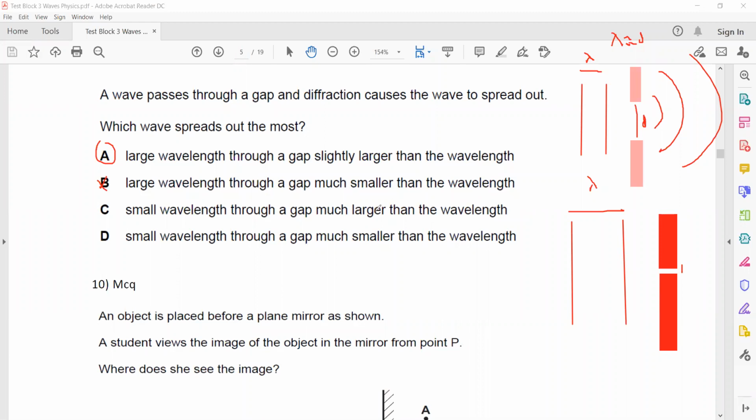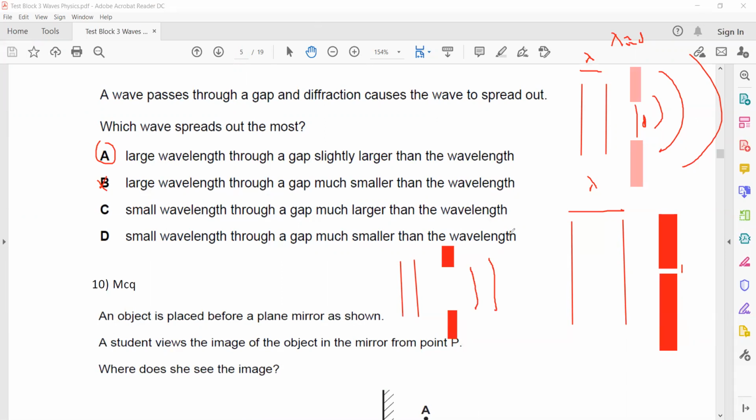So if the gap size is much larger, wavelength is smaller, and the gap is much larger, then minimum diffraction will occur.